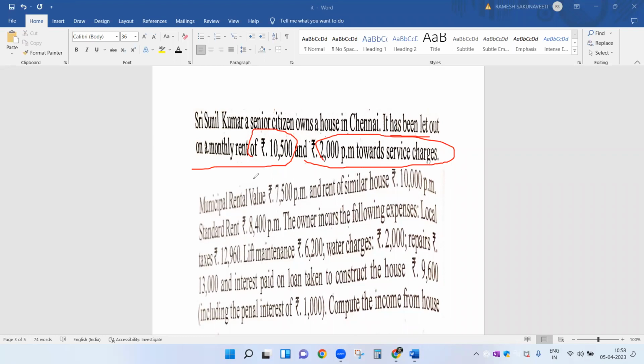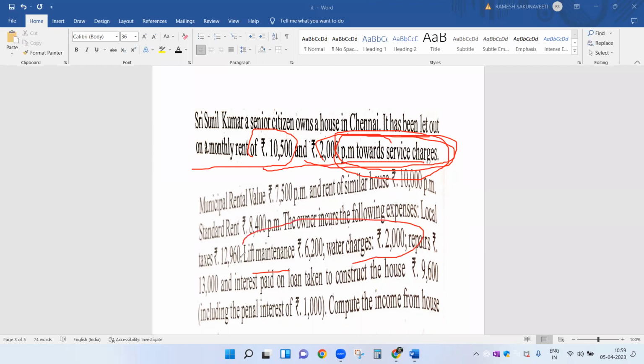In a normal situation, cost of facilities shall be deductible from rent. Okay, but here in this case, assessee is collecting service charges. Please remember this point. In this case, expenses will not be deducted, because the owner is collecting for lift maintenance and water charges.